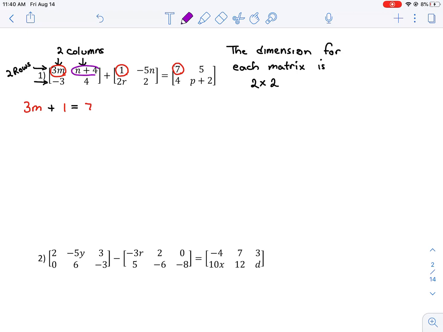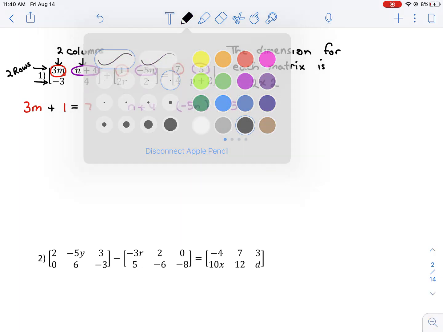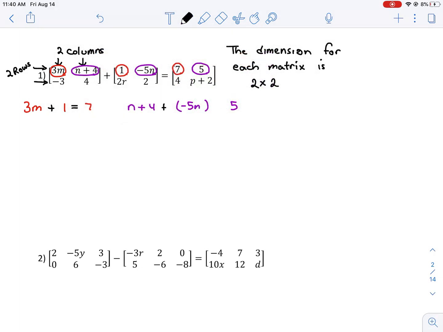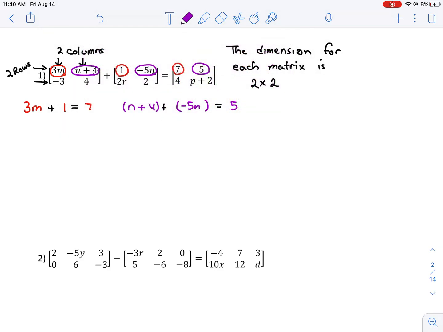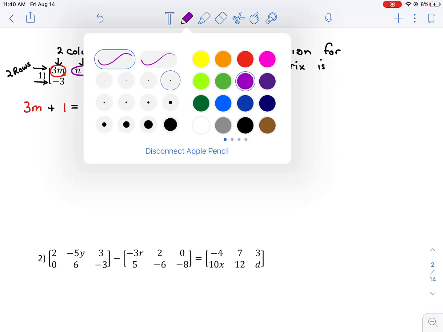The n plus 4 corresponds with the negative 5n, which corresponds to the 5 in the third matrix. So n plus 4 plus the negative 5n is equal to 5. And now I'm going to go ahead and write out the rest of the equations.